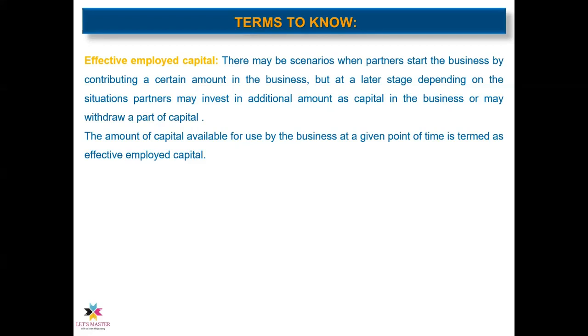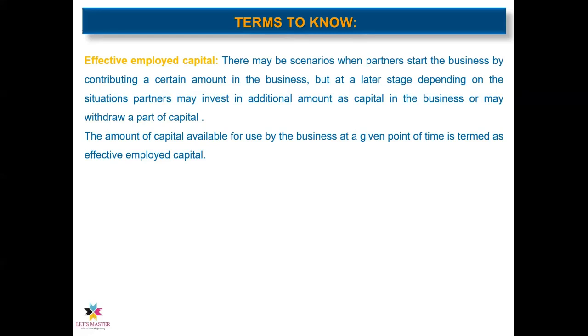So if you want to calculate interest on capital for this partner, then you will not calculate interest on capital for 70,000 for 12 months, nor for 50,000 for 12 months. So for the first 5 months, we will calculate interest on 70,000, and for the rest 7 months, we will calculate interest for rupees 50,000. So for the first 5 months, the effective employed capital was rupees 70,000 because that was the amount that was available with the business for usage.